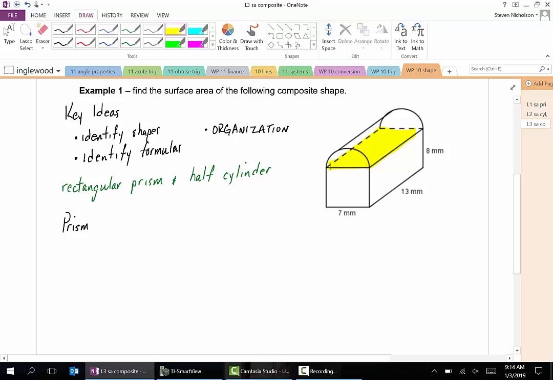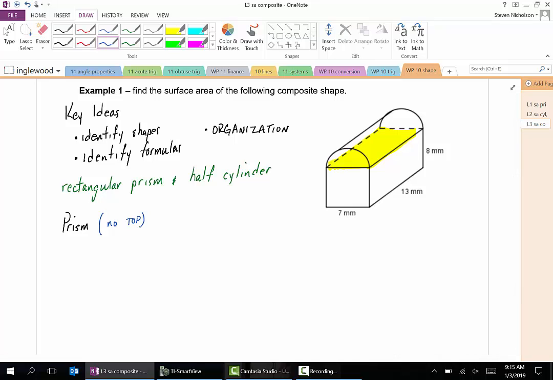But given that the half cylinder is plonked on top of this, paint will not touch the area I've just highlighted. So in this prism, there is no top. When we go to calculate the surfaces, there's only going to be 5 surfaces.